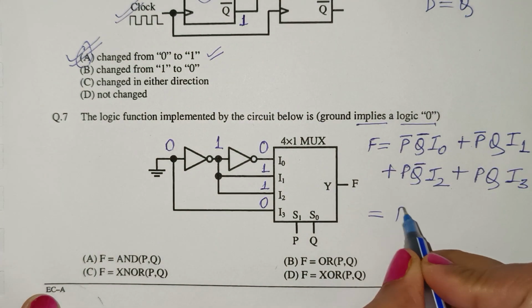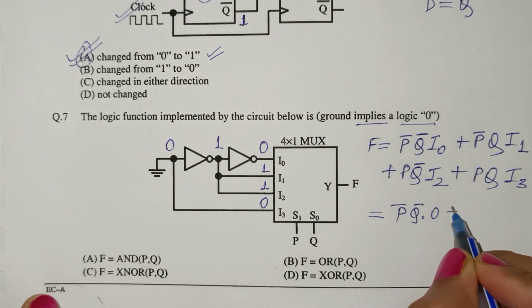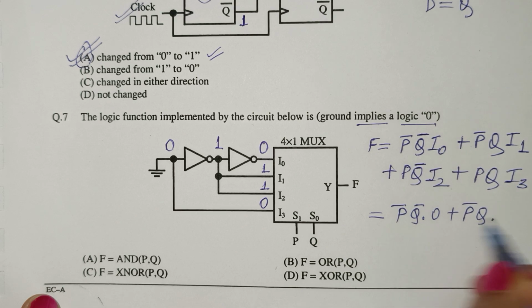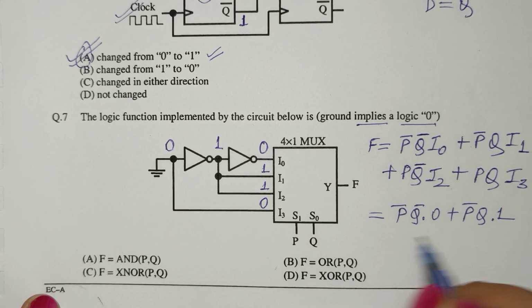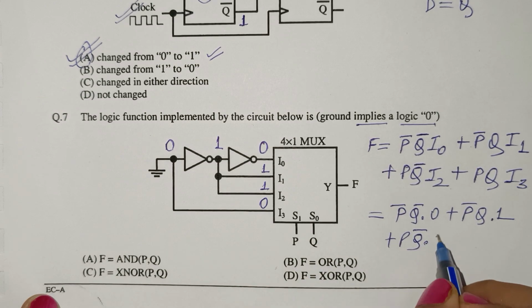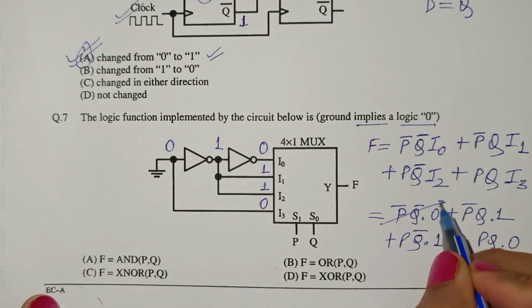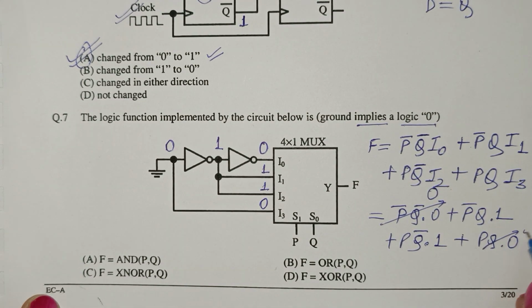What we get is P bar Q bar into 0, plus P bar Q into 1, plus P Q bar into 1, plus PQ into 0. So this will be 0, this will be 0.